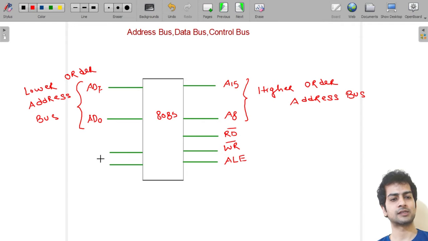Then we will discuss some status signals like S1, S0. We can add one more here, input output memory bar. So all these pins we are going to discuss in detail.